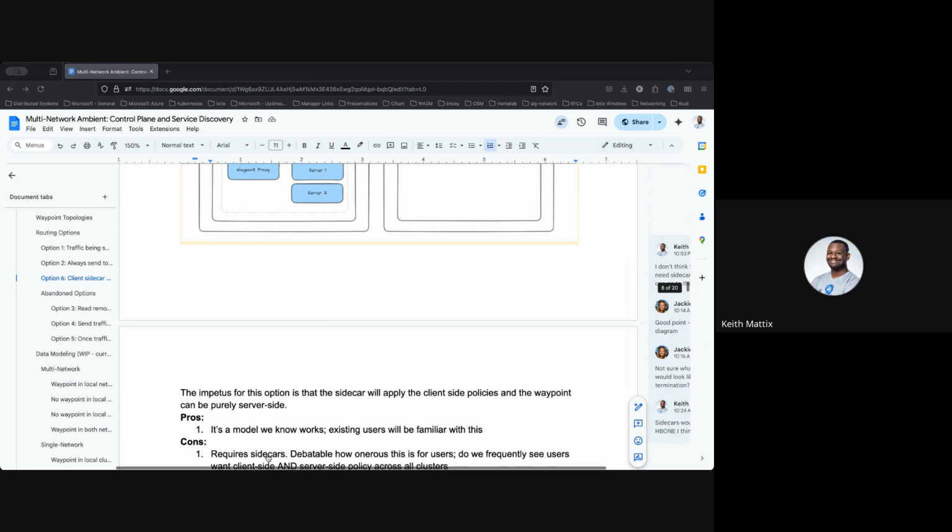Yes. Completely. Then it's actually the consumer cluster. It's team A that is operating the client application that is going to enforce the policy for team B that is operating the producer namespace, because you are going to run the waypoint that is applying policy for team B in your cluster. Yes, I think so.